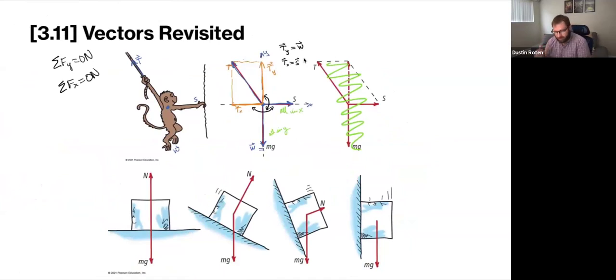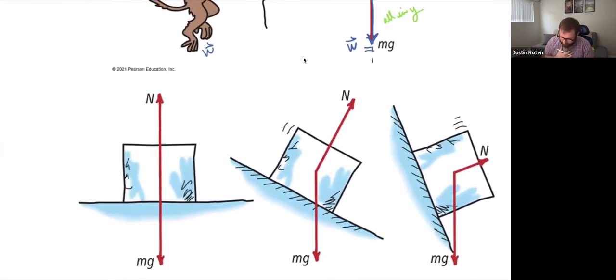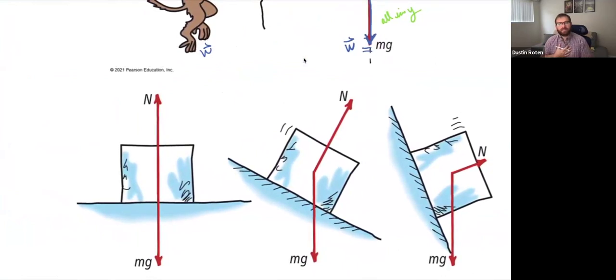Okay, now let's keep moving on. Here's one. This one might be a little more tricky, but it's a neat example. Okay, so here we have this ice cube, and I'm going to define our coordinate system like this. X direction is horizontal, Y direction is up and down.